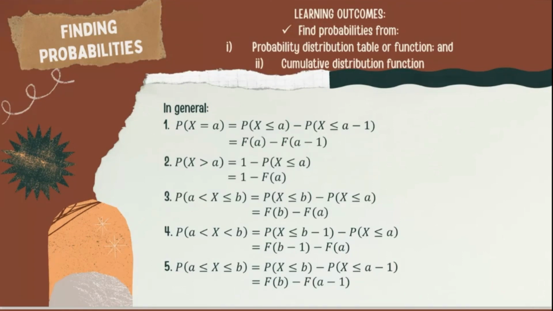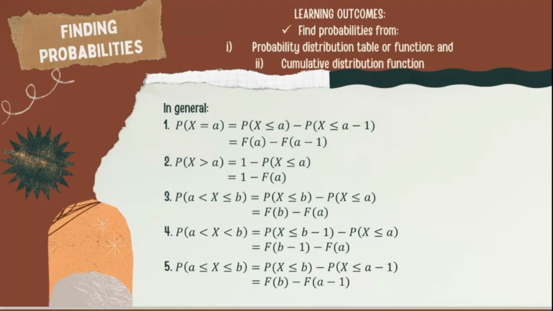Tapi kalau dia bagi CDF, okay, kumulatif, so untuk dapatkan equal, dia akan jadi X less than or equals to A minus with X less than or equals to A minus 1. Or in other words, dia adalah F(A) minus F(A minus 1). So kenapa benda itu berlaku? Sebab kumulatif dia adalah hasil tambah from the first value sampailah the value of A.